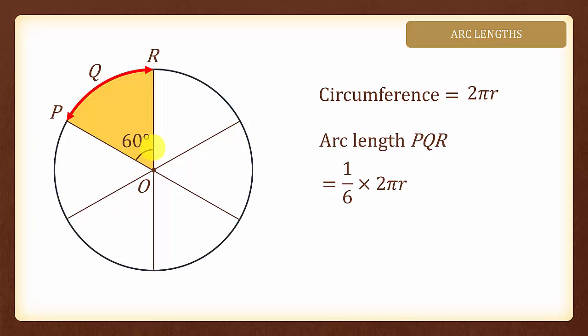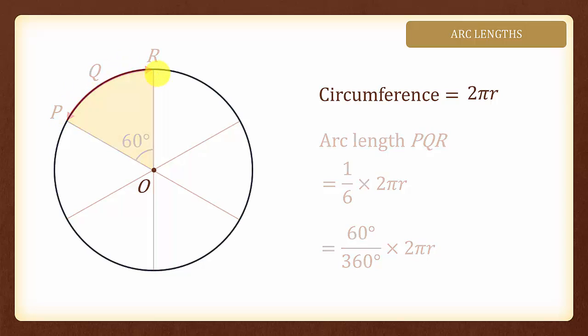Once again, 60 over 360 happens to be 1 over 6. And the arc length PQR can also be found using 60 out of 360 times 2 pi r. By now, you realize that the angle subtended by the arc is directly proportional to the arc length.